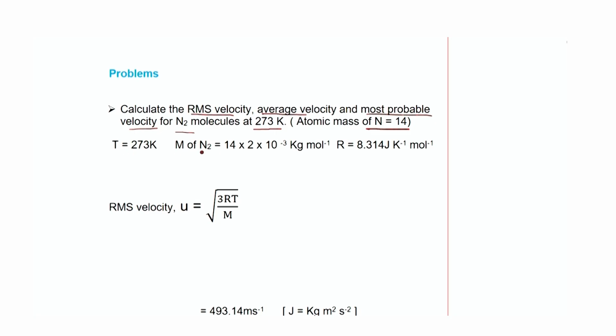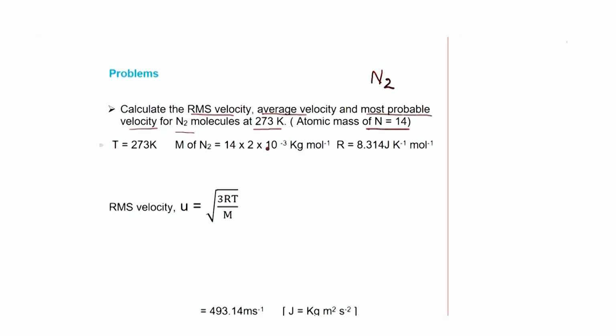Molecular mass of nitrogen: they have given the atomic mass of nitrogen as 14 and we all know that the molecule of nitrogen is represented as N2, that is 2 atoms together, diatomic, and therefore 14 into 2 into 10 to the power minus 3 kilogram per mole, that is the molecular mass of nitrogen gas.